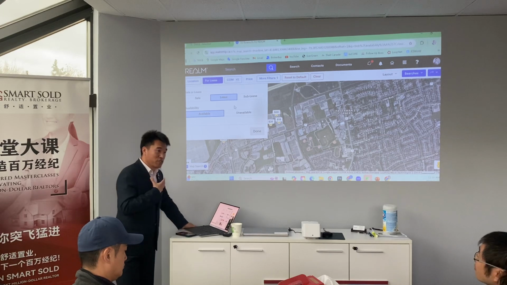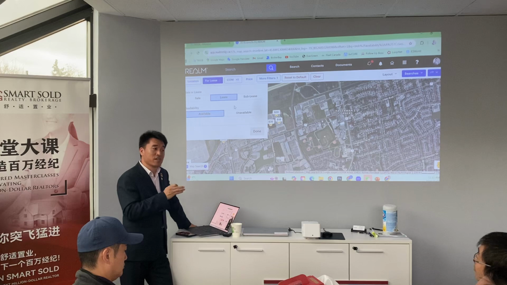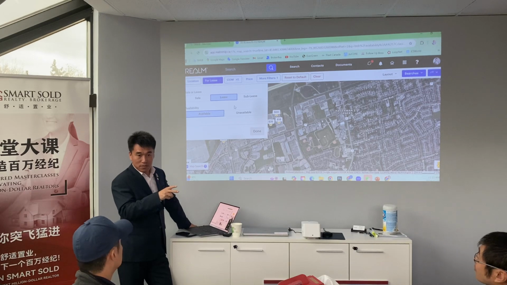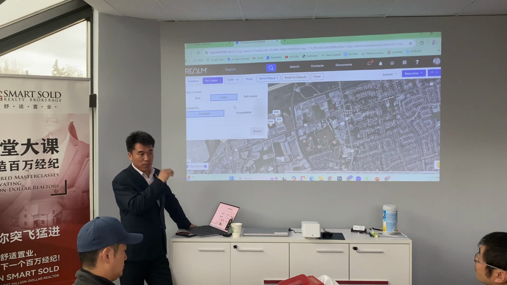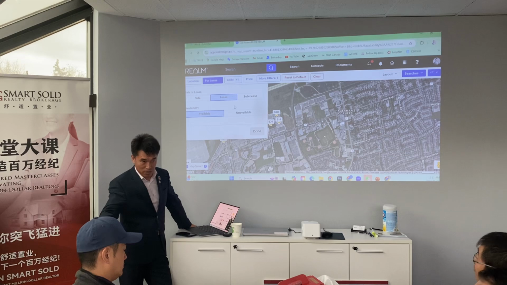My suggestion, although I'm not 100% sure whether that's by law, is that you can have two listings. One is sublease, one is lease. On the lease listing, in the broker remarks, you put that this is a sublease associated to that sublease number.